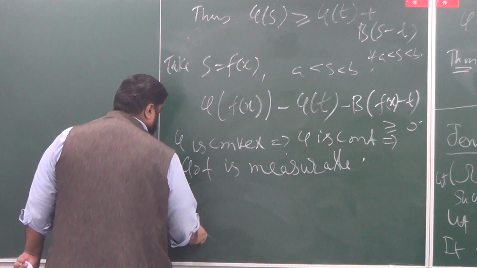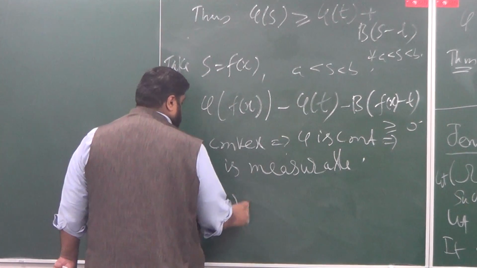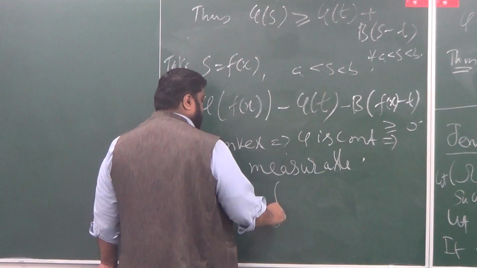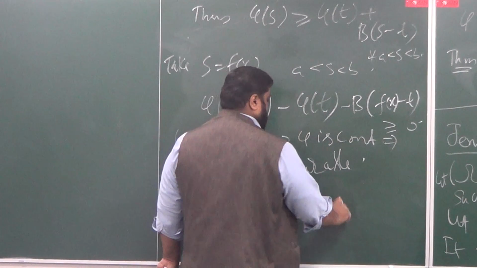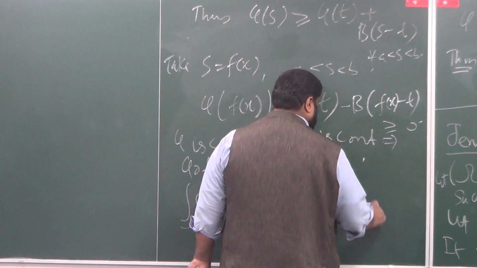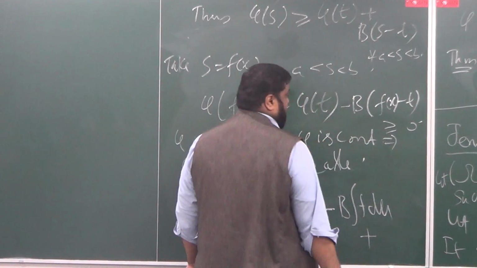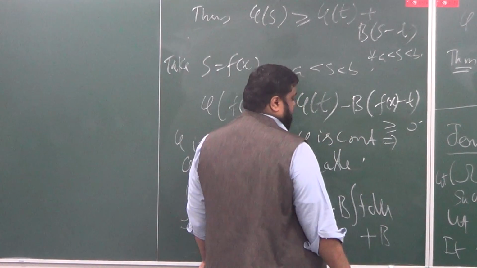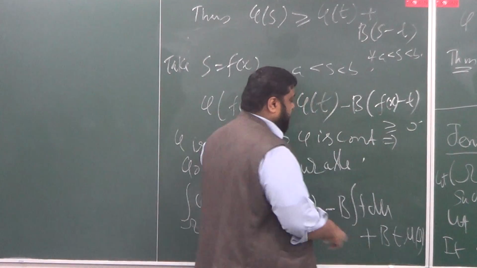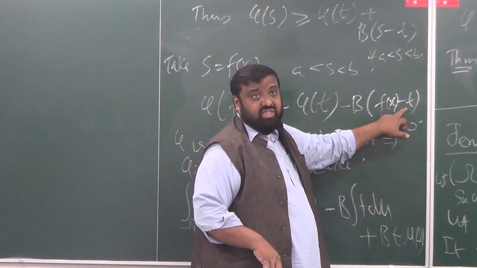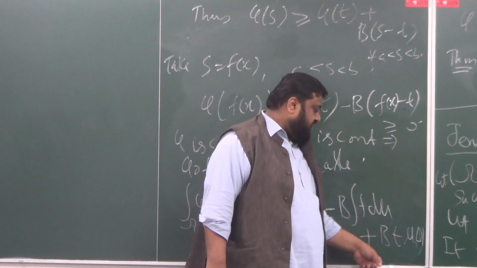So if I integrate throughout, you're going to get the integral of phi of f of x minus the integral of phi of t minus b times the integral of f d nu, and plus, yes, you're right, t times mu of omega, because if you integrate it, t is like a number, so it will come out, but mu of omega is 1.